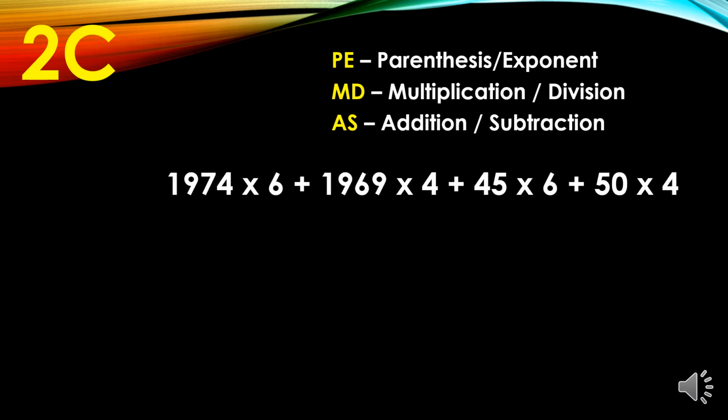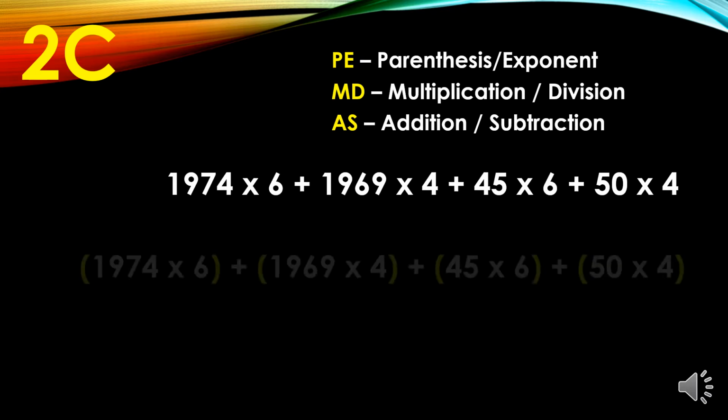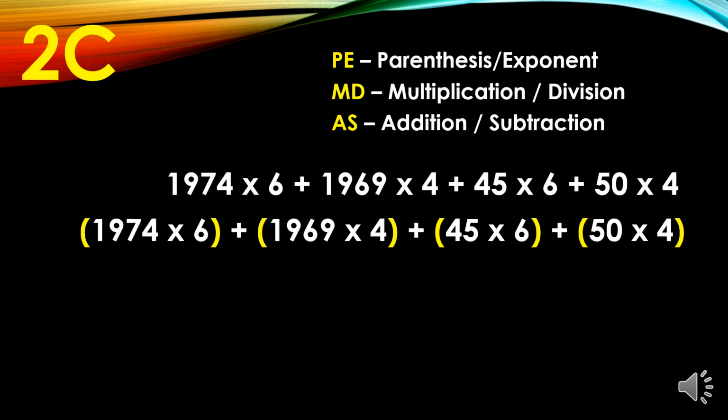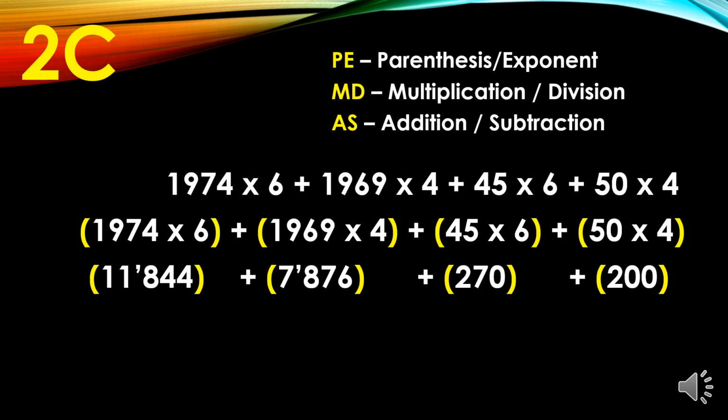We can see the operations of multiplication and addition, so we will first do the multiplication. We need to group them first: 1974 times 6, 1969 times 4, 45 times 6, and 50 times 4. You get the product of each, and after getting the products, we proceed to addition. All those additions give us a total of 20,190.